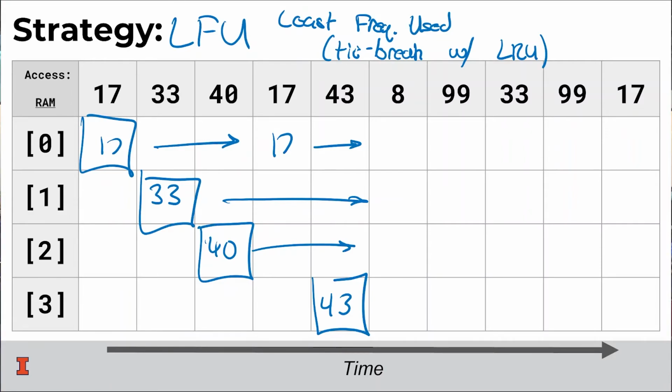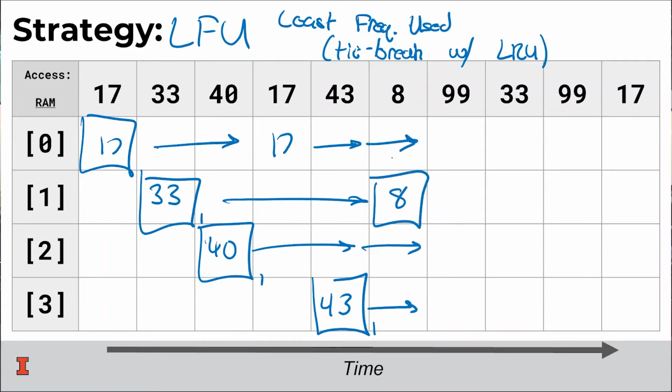What are all of our candidates for least frequently used? 33 and 40 and 43, right? And then what's the least frequently used among those? So these each have one use. So of all of these that have one use, the least recently used one was 33, so we go ahead and kick it out, load in 8.